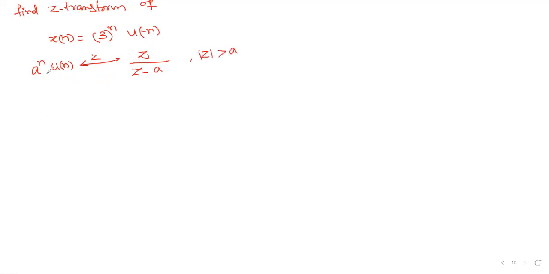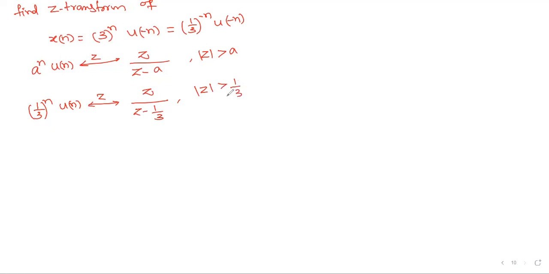Similarly, now this one I already told, u of minus n is there. Here also you make it like that. That means 1 by 3 whole power minus n u of minus n. Now, first I will write 1 by 3 whole power n u of n. The transform will be z by z minus 1 by 3, mod z is greater than 1 by 3.